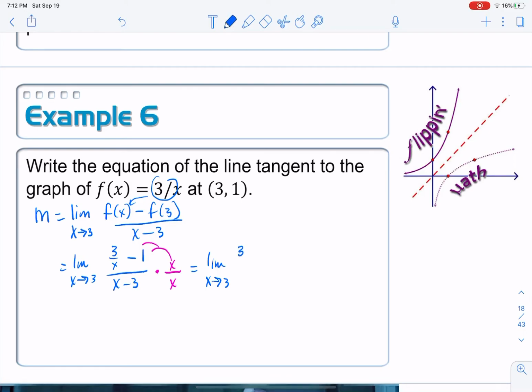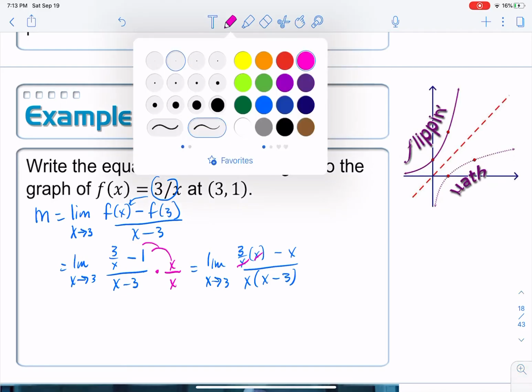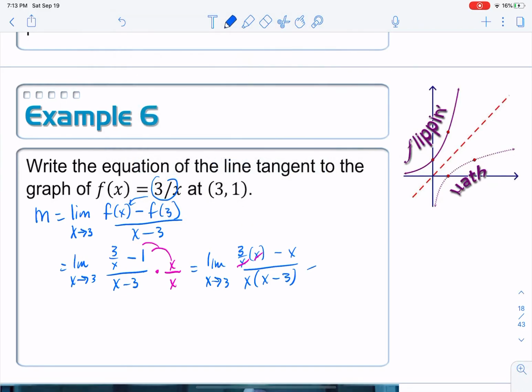Let me just go ahead and do that in 2 different steps. And then minus x, negative 1 times x, over, keep it in parentheses. And I just did that for some of us who still need to see something. Cancel out the x's. And up top, I have 3 minus x. So I have the limit as x goes to 3 of 3 minus x over x times x minus 3.